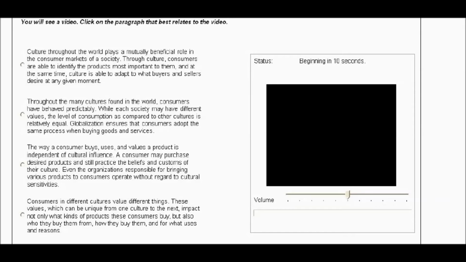And it should be readily apparent that culture has a profound impact on the way consumers perceive themselves, the products they buy and consume, and the process by which those products should be purchased, and the organization that sells those products.